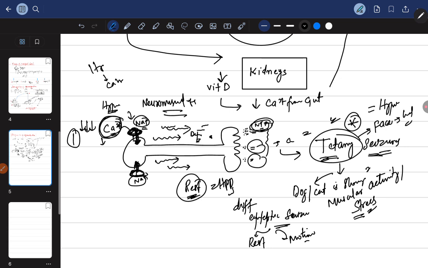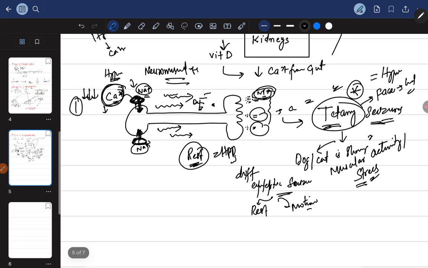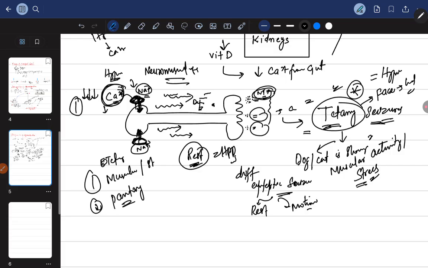Also, one more thing: what are the two things that enhance or modulate the tetanic seizures? One is muscular activity or stress. The second one is if the dog is panting. Why will there be an increase in tetanic seizures during panting?